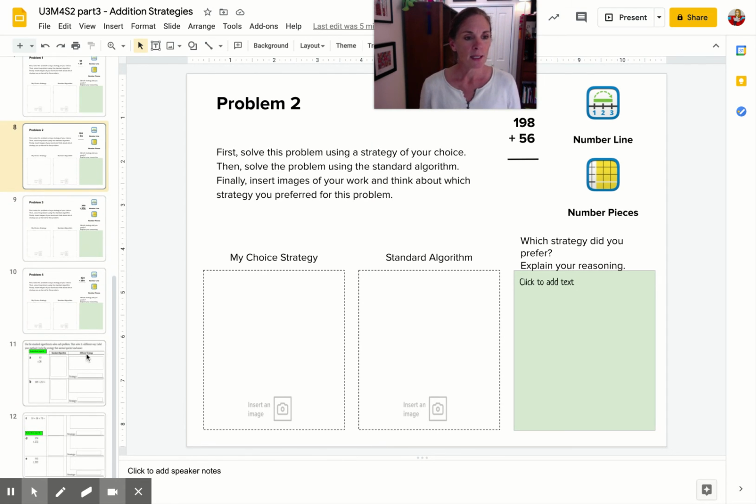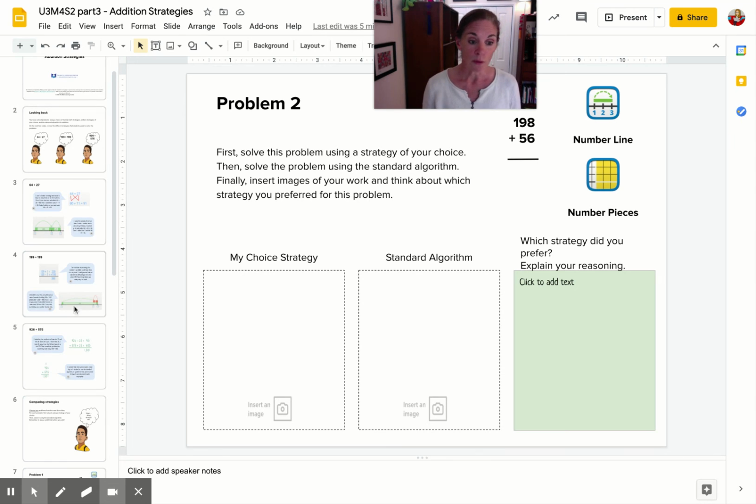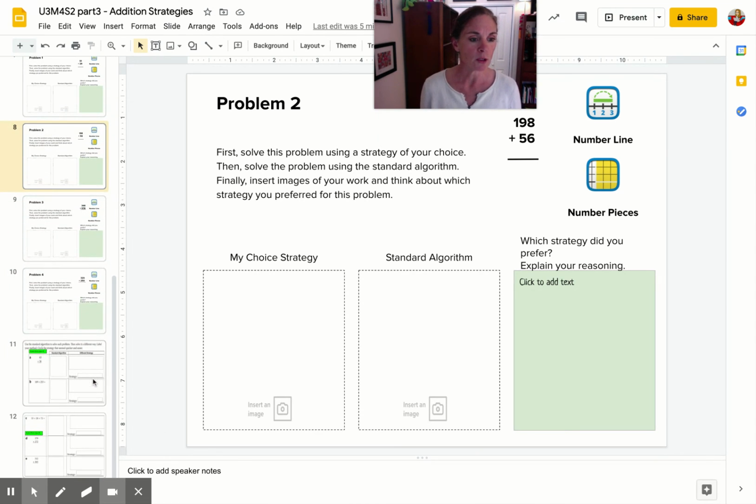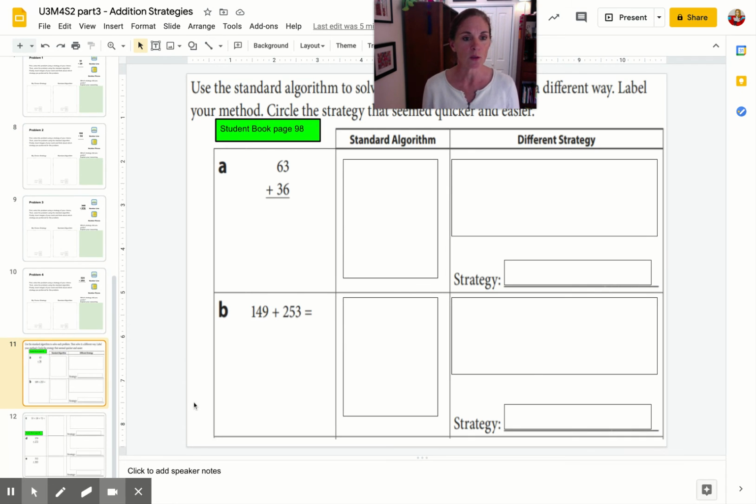And this shouldn't take you super duper long time. I'm only asking you to do 2 problems here. Then I'd like for you to try to do this work as well on student book page 98 or on slides 11 and 12.